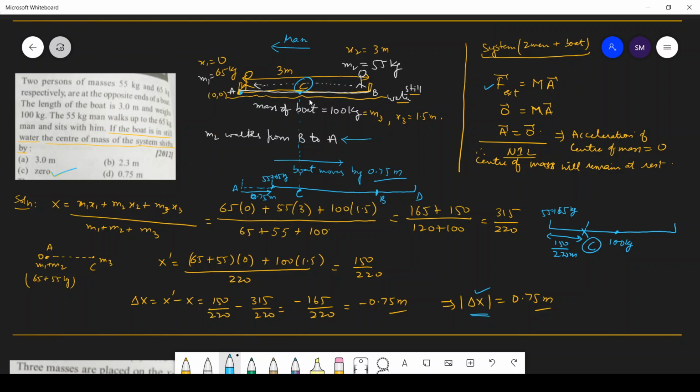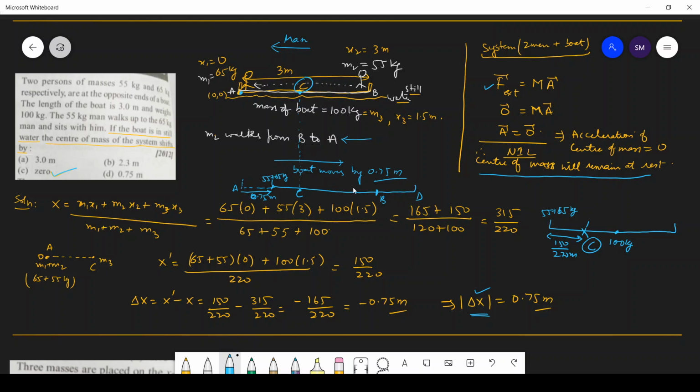All the forces that are acting, even if you are walking, are internal forces, not external force. If external force is 0, the state of the body will not change. So center of mass will remain at rest, at the same position. Instead the boat will move.